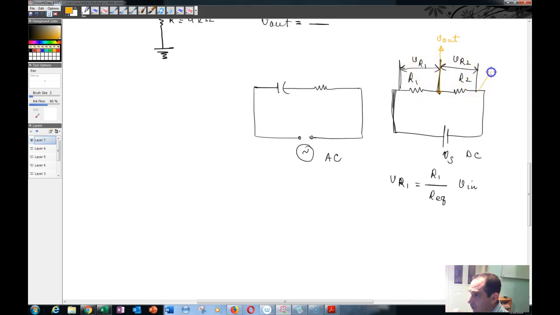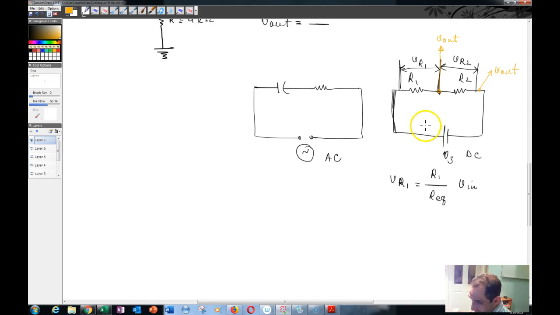If this point was V of out, and that voltage was referenced to ground, then that would be the voltage across the two resistors, and that would be the same thing as the voltage across the power supply.